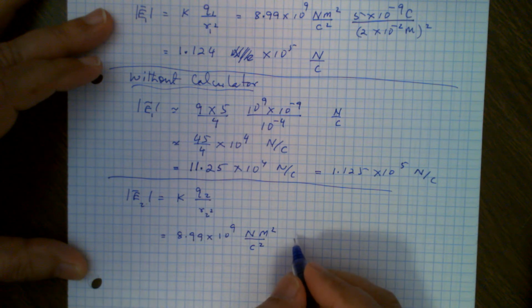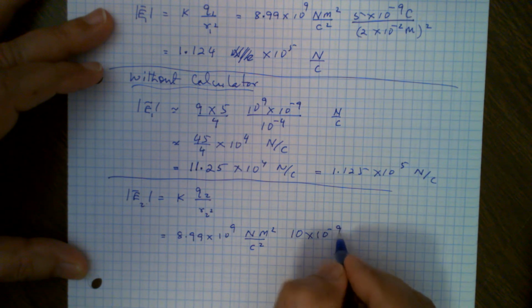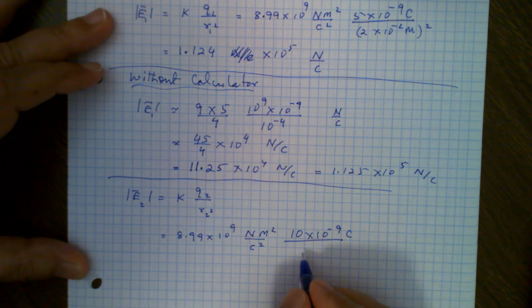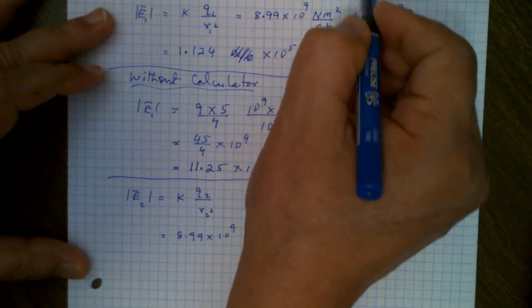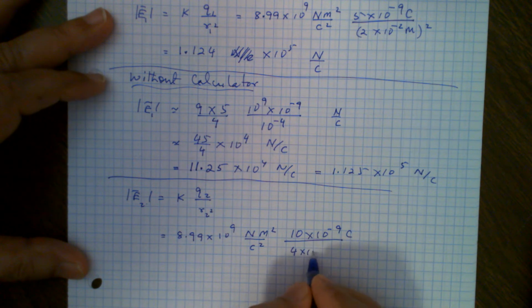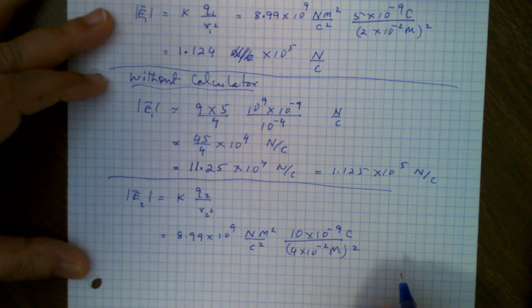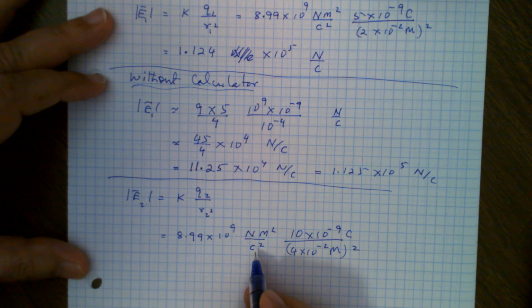And Q2 is 10 nanocoulombs, 10 times 10 to the negative 9 coulombs, divided by R squared. R2 is 4 times 10 to the power minus 2 meters, squared, right? Okay, so meter squared cancels out, coulomb, so newton per coulomb, that will be the answer.